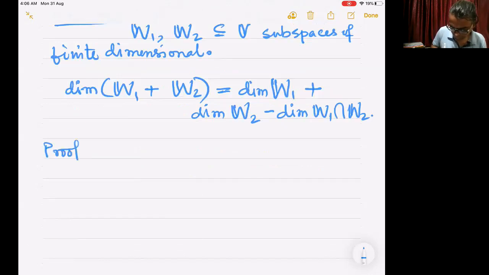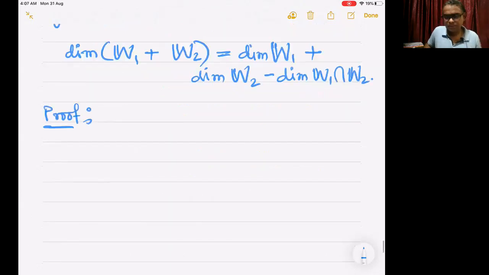As they say in maths, such things always form what is known as a lattice structure. So I have two subspaces, W1, W2. They may not contain each other, they may not even be related to each other in any way, but they both will contain W1 intersection W2.